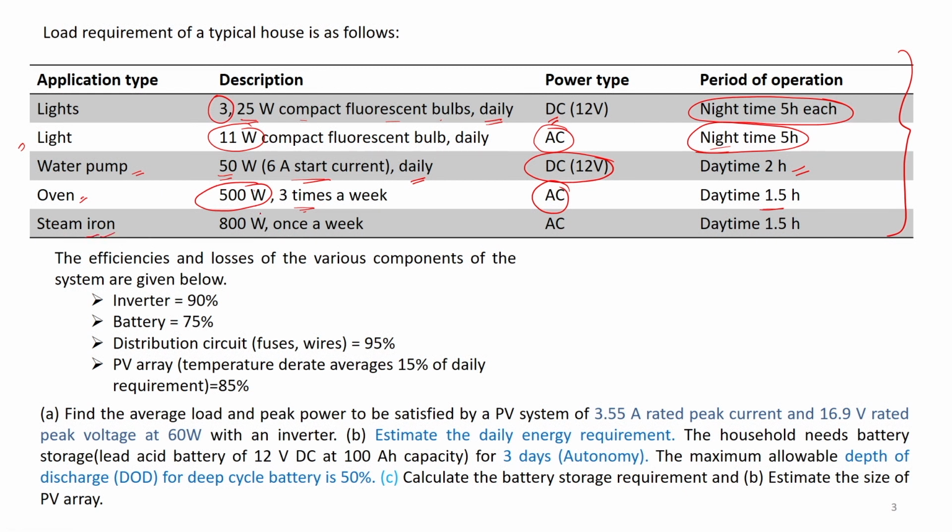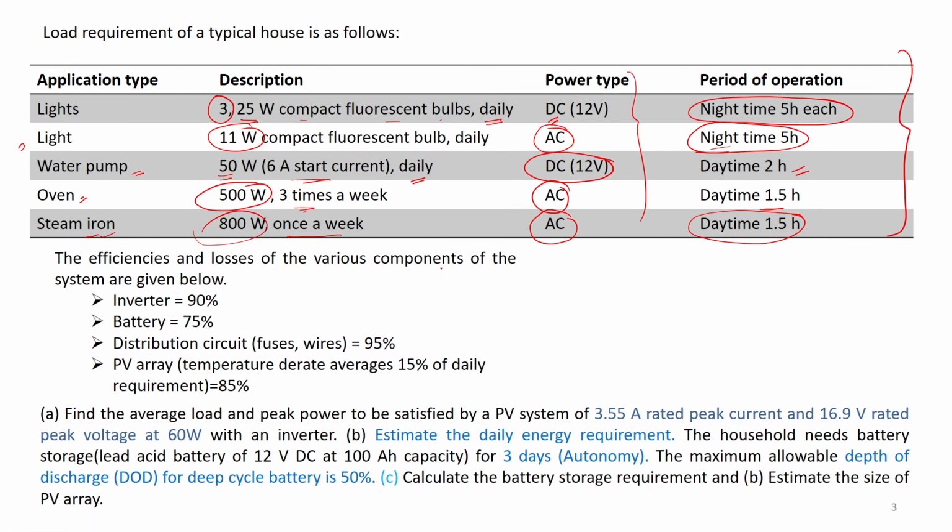The steam iron rating is 800 watt, operated once in a week, the requirement is alternating current, and daytime 1.5 hours. So, you can see we have different power types, and a few appliances with weekly requirements while others are on a daily basis.